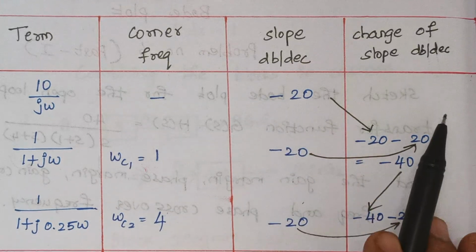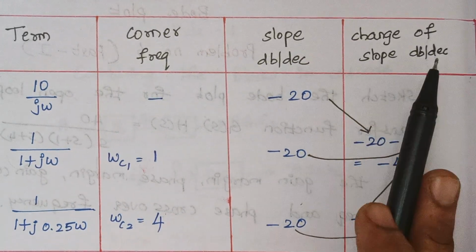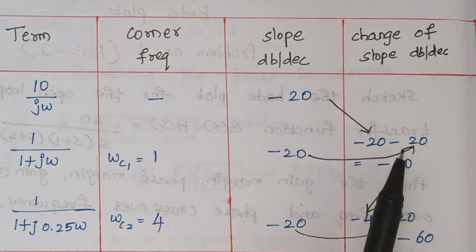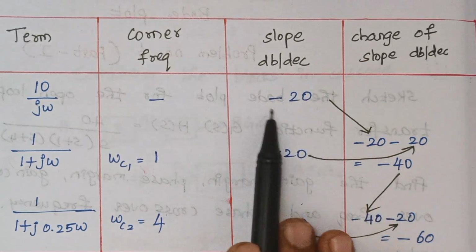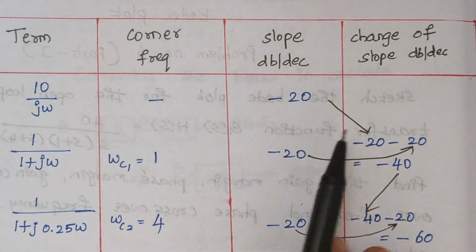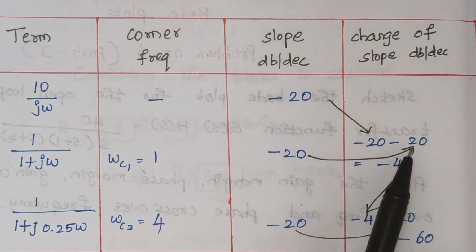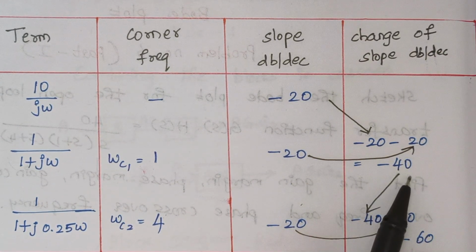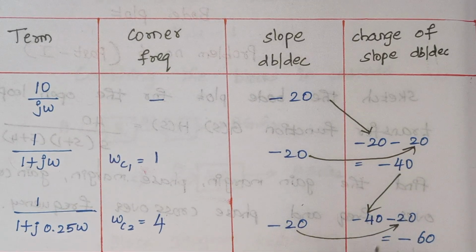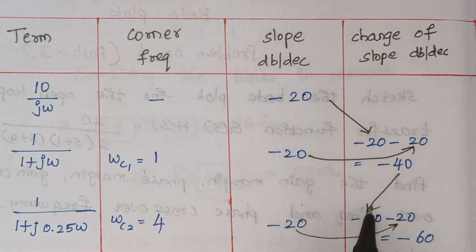So the next step is finding the change of slope. To find the change of slope, this first value should be shifted downwards and we have to move to the next frequency on the right hand side. So minus 20 gives you minus 40, and again this minus 40 will be shifted downwards.